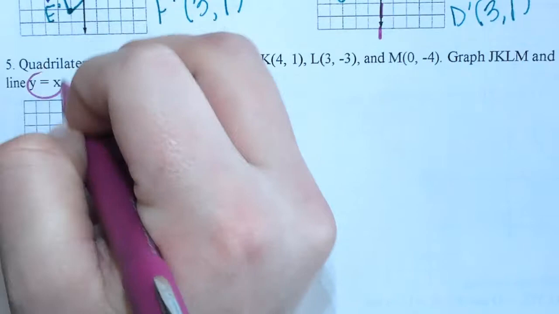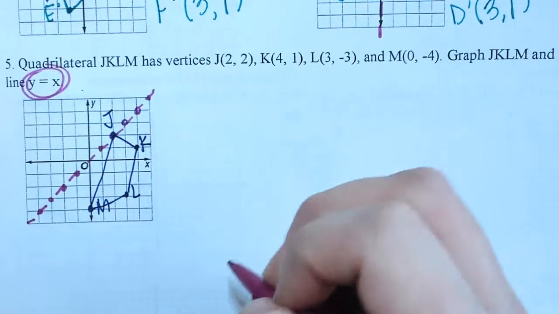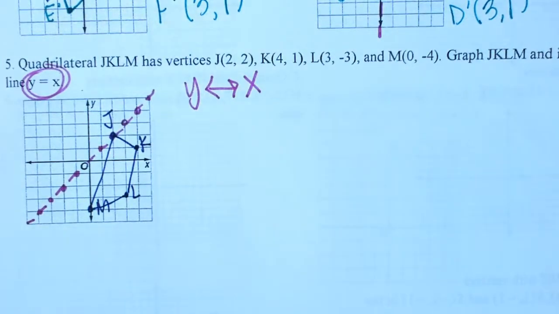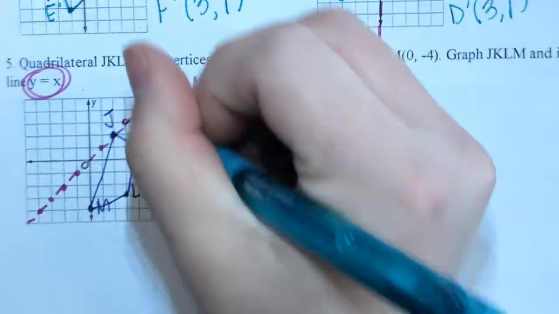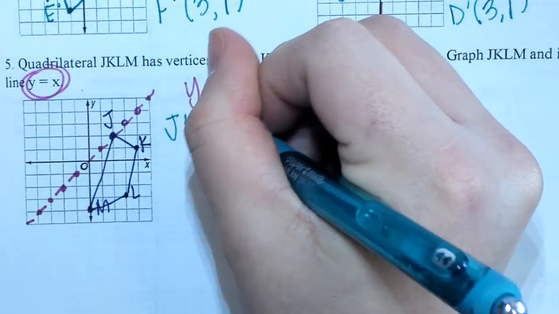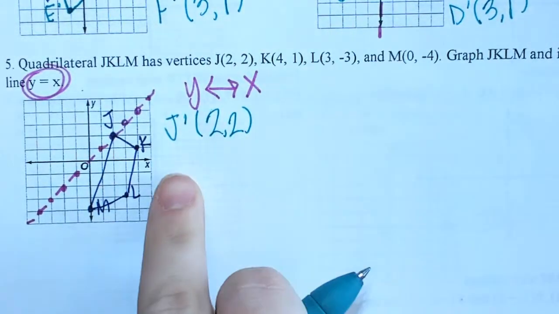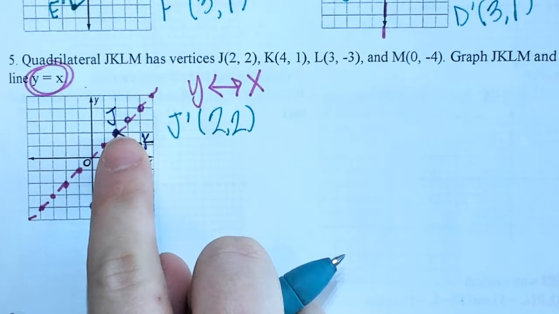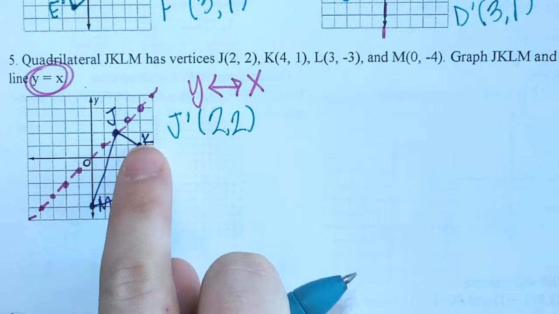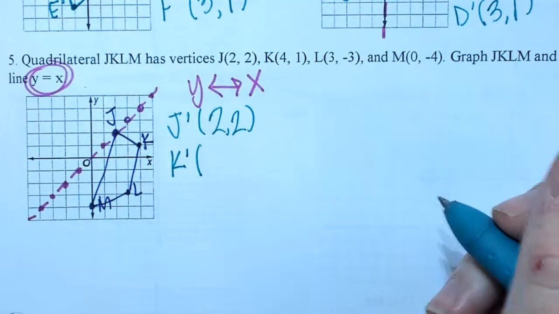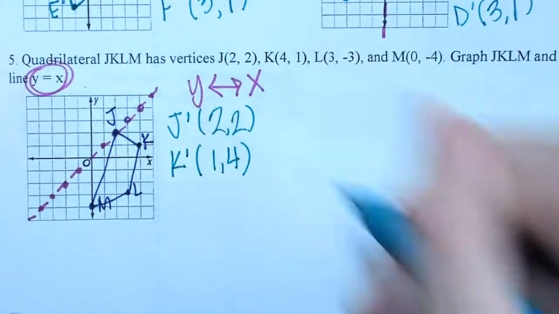If you're reflecting over y equals x, all you do to get your new point is switch your y and your x. So j prime becomes 2 and 2. But doesn't that make sense? Because j is on the line of reflection, so it has to stay the same. K prime becomes what? 1, 4.